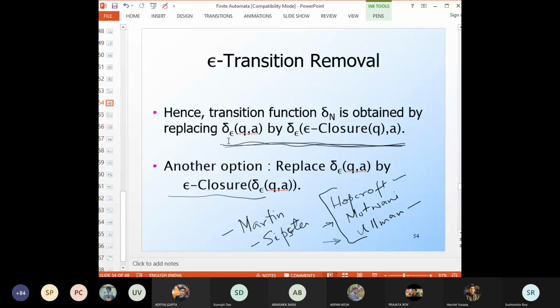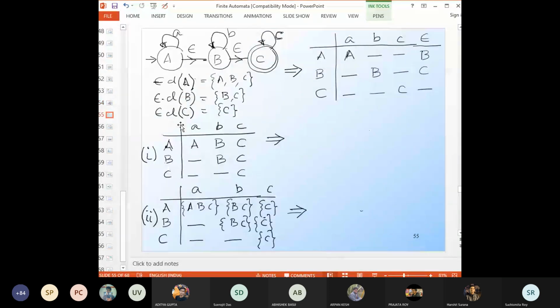Anyway, so the first option is where you replace delta QA by delta epsilon closure QA. If you do that, this is the transition table you will be getting. So delta from state A on a, you will go to A itself.